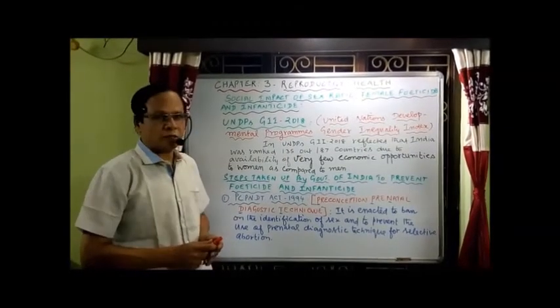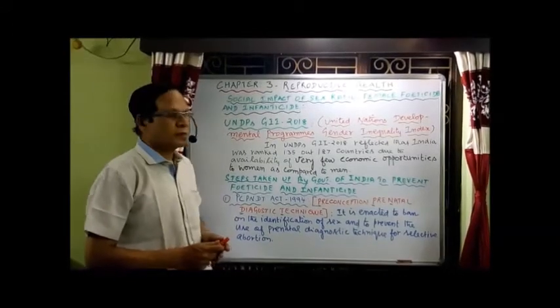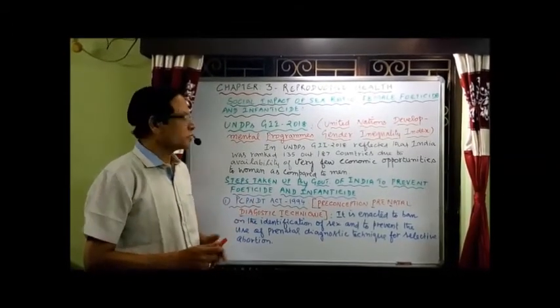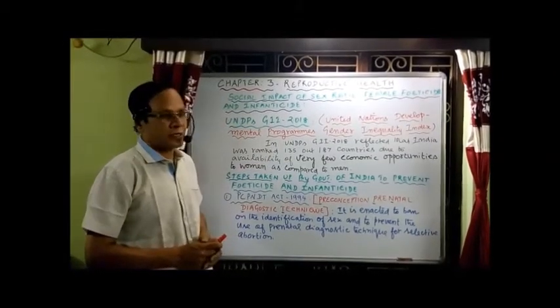Why is there more infanticide and female feticide in India? There is an organization's index, the UNDP GII 2018.